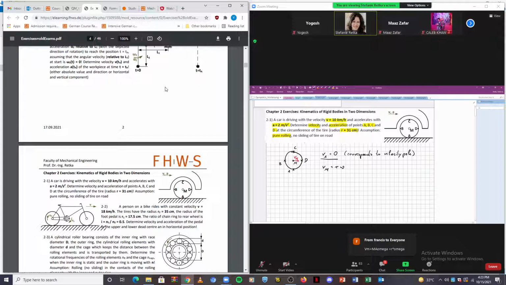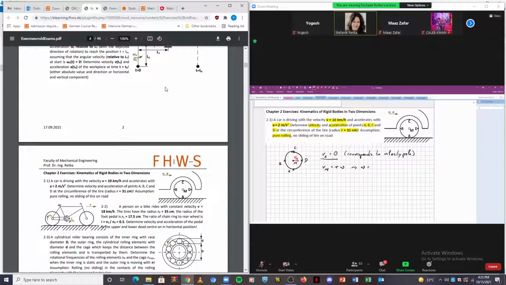Vm is given, 10 kilometers per hour. The radius is given in centimeters, so we have to convert it to meters. We have to convert the kilometers per hour to meters per second. And once we've done that, we can obtain omega. I haven't computed it yet, just a second, or if one of you has the result, you can write it in the chat.